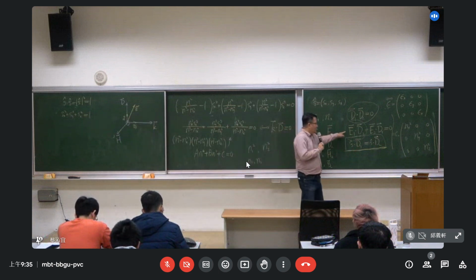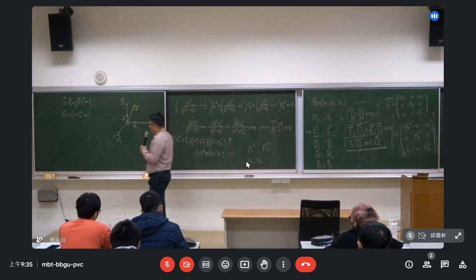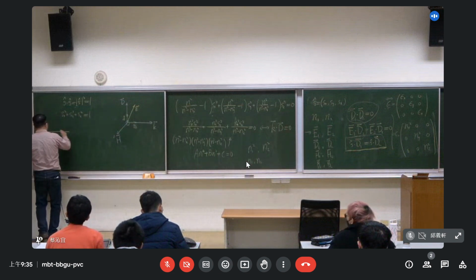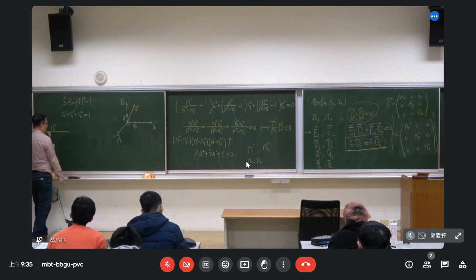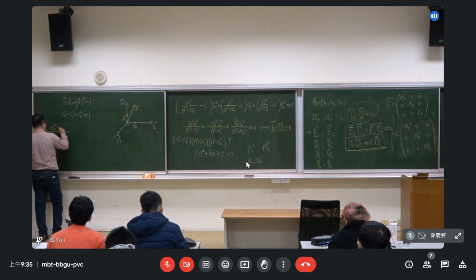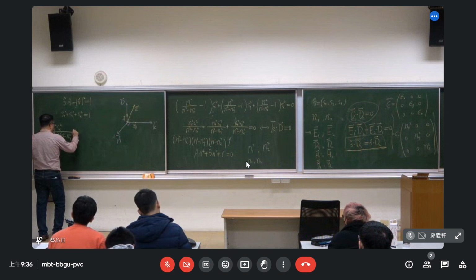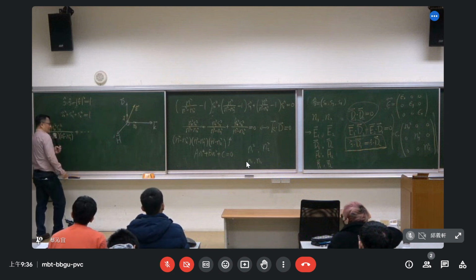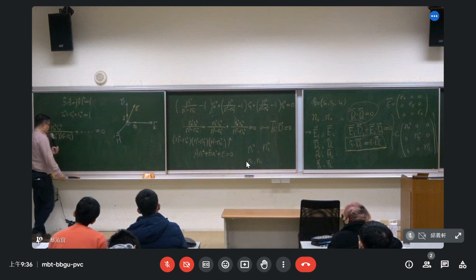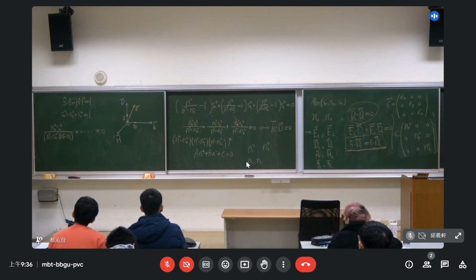If this is correct, then it means that nx squared times sx squared over n1 squared minus nx squared times n2 squared minus ny squared, plus the similar terms, equals 0. So how can we get a denominator like this? It's not very difficult.